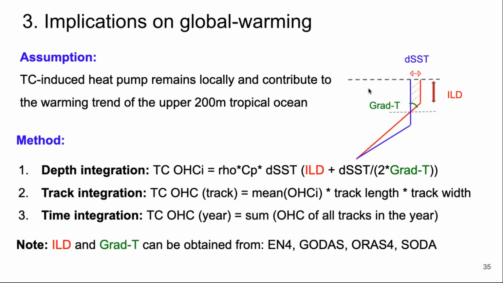And to find this out, at every location we compute the depth integration of the tropical cyclone-induced heat pumping by computing this area from the top layer, and with simple geometry we can solve for the area of this upper layer, because the assumption is that the amount of heat in this upper ocean will be pumped down to this triangle.